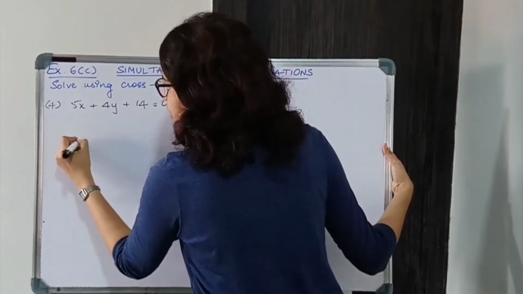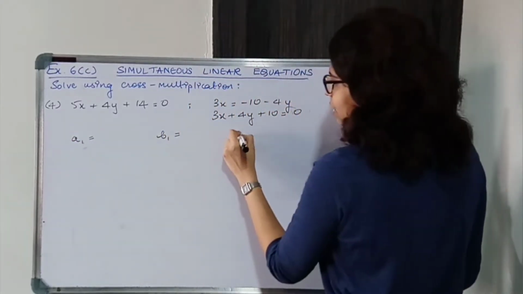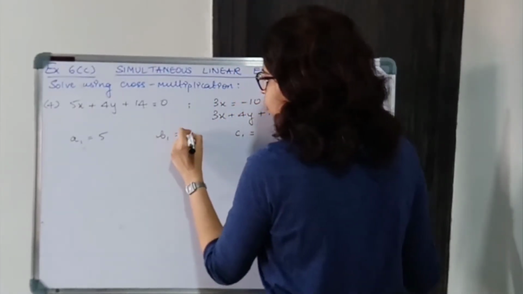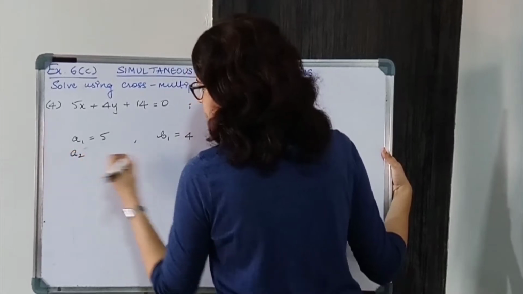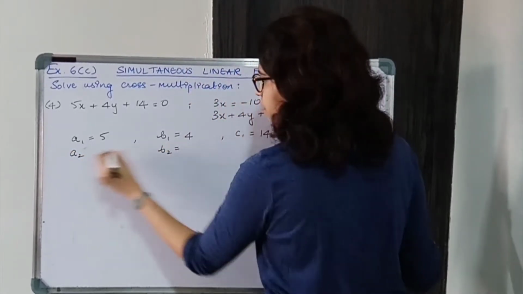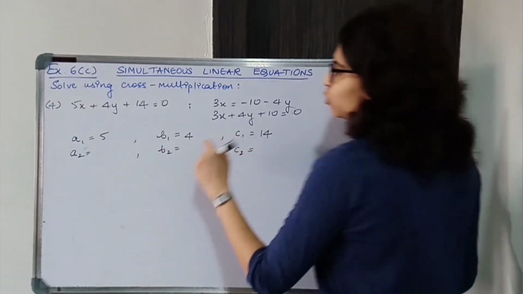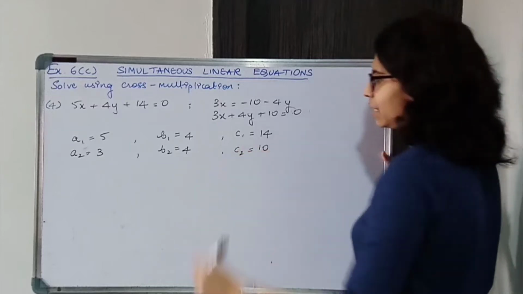So second step, we'll write down the values of a, b and c. So a1 is 5, b1 is 4, c1 is 14. Now a2, b2 and c2. a2 is 3, b2 is 4, c2 is 10.